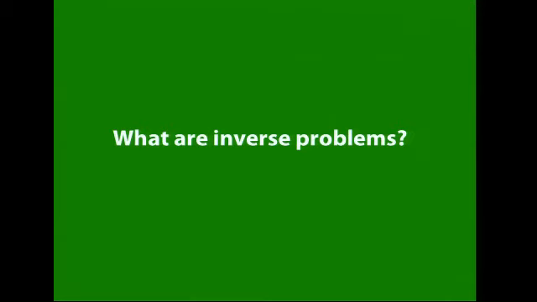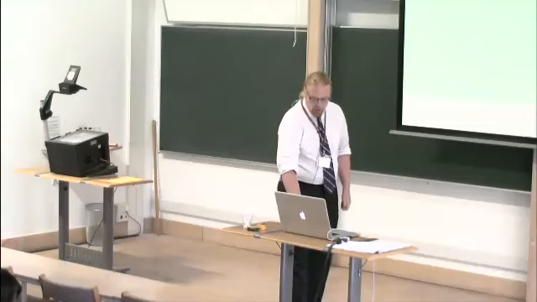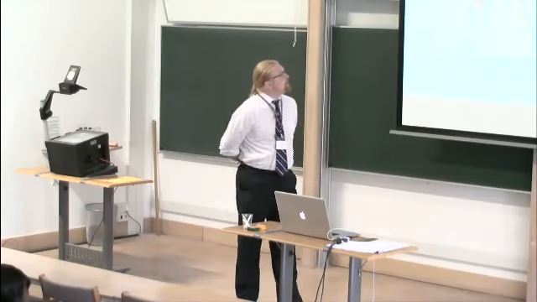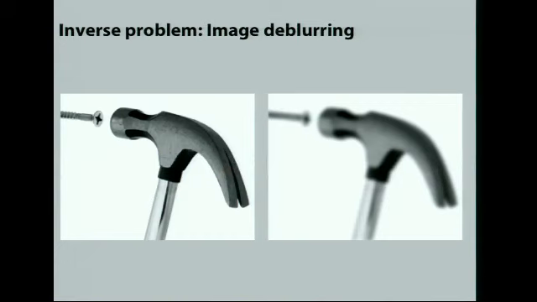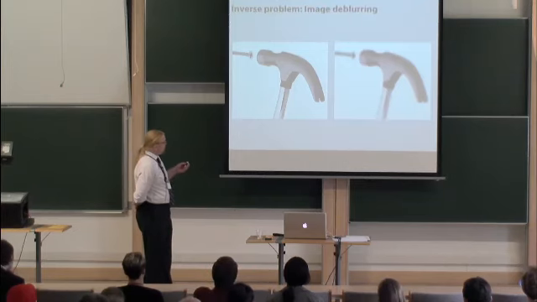Okay, first of all, let's see what kind of problems these so-called inverse problems are. One of my favorite ones is image deblurring. Imagine we have this sharp photograph, or actually we don't have it. We have misfocused our camera and we have a picture like this. But we would like to see a picture like this. What can we do? Well, the process from this image to this image is quite simple.